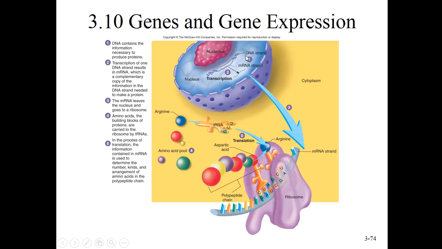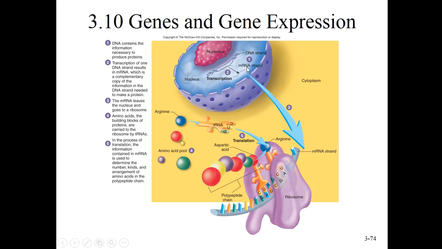The key difference is that in DNA we use GATC, and in RNA we substitute a U for T. So GAUC, the law of complementary base pairing, or the ATCG rule, still stands.